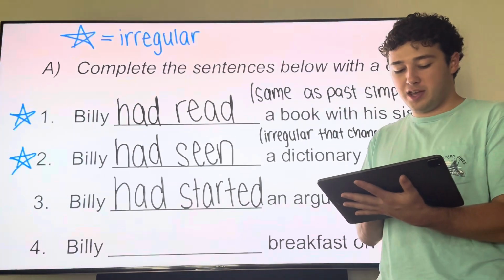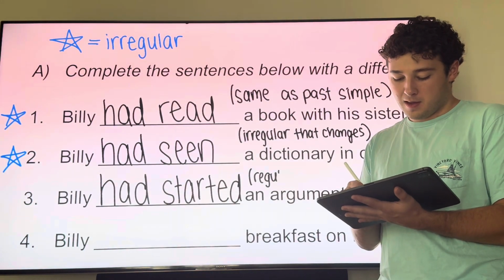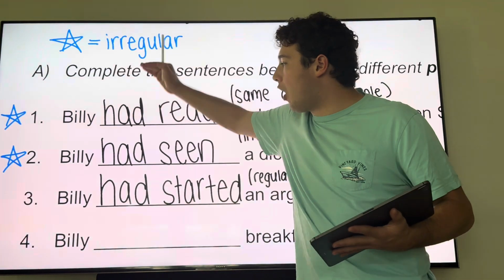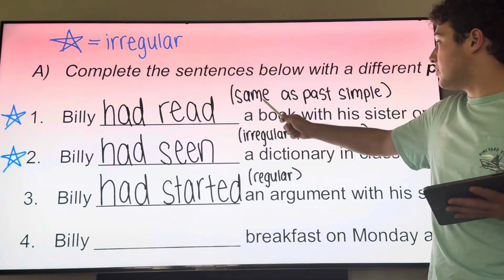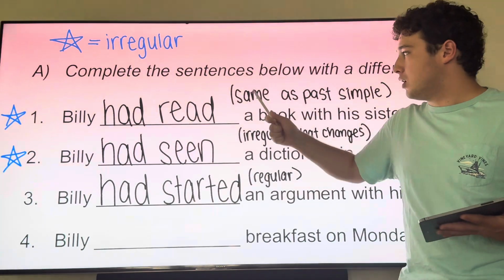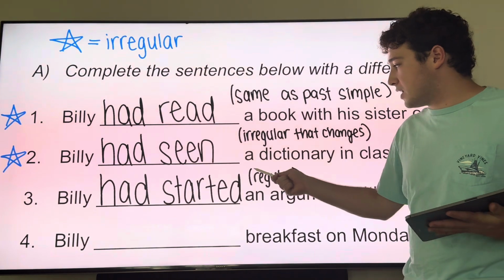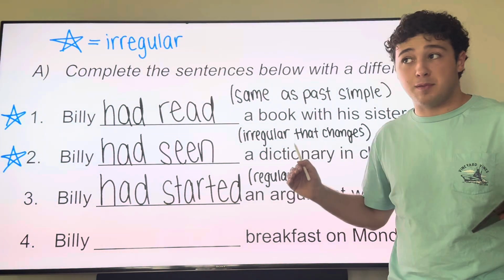So these are the three types. In past perfect, you always put had. Always put had. Then there are the ones that are the same as their past simple, like this, read. There are the regular verbs that have the ed form. Those stay the same as well.